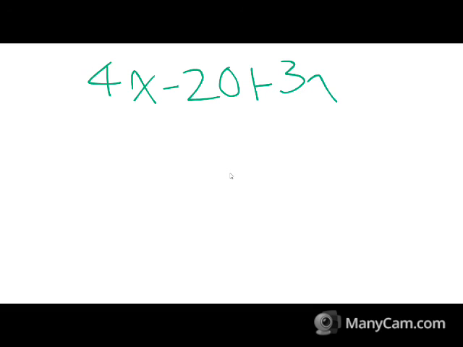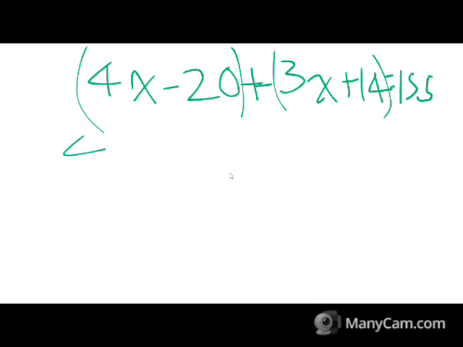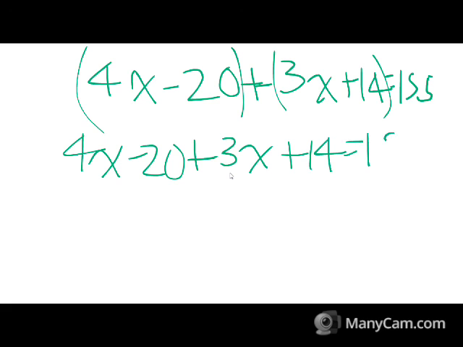So start off, we'll do 4x minus 20 plus 3x plus 14 equals 155. We can get rid of these parentheses, so we're left with 4x minus 20 plus 3x plus 14 equals 155.